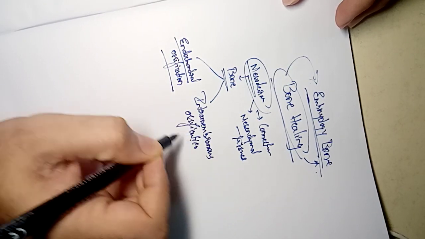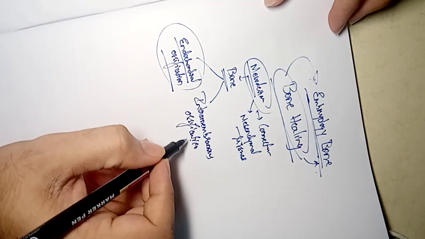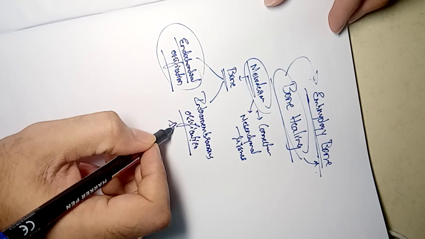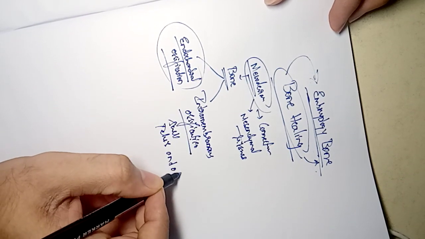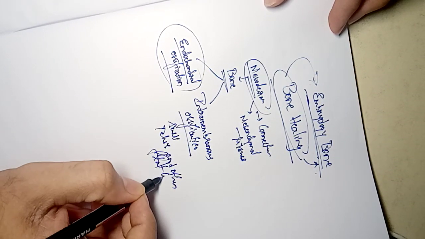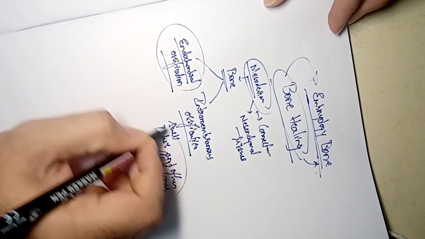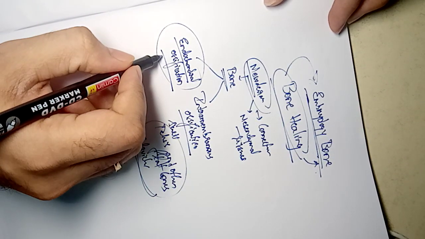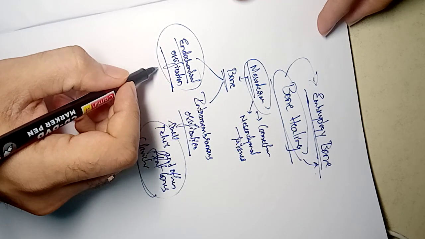Okay. So most of the bones are formed by the endochondral ossification, except skull, pelvis, and other flat bones and clavicle. So apart from these, most of all the bones are by the endochondral ossification.